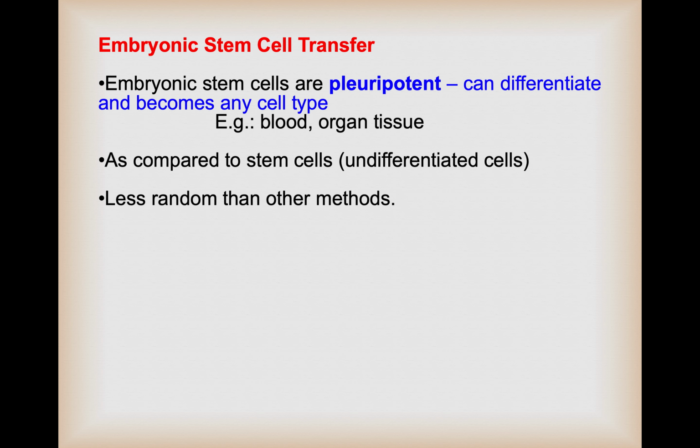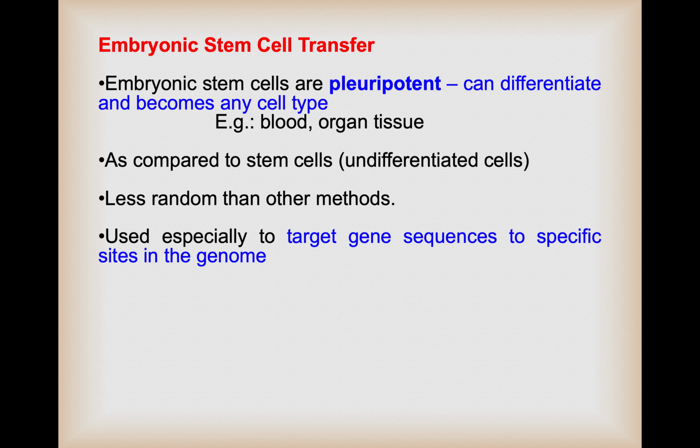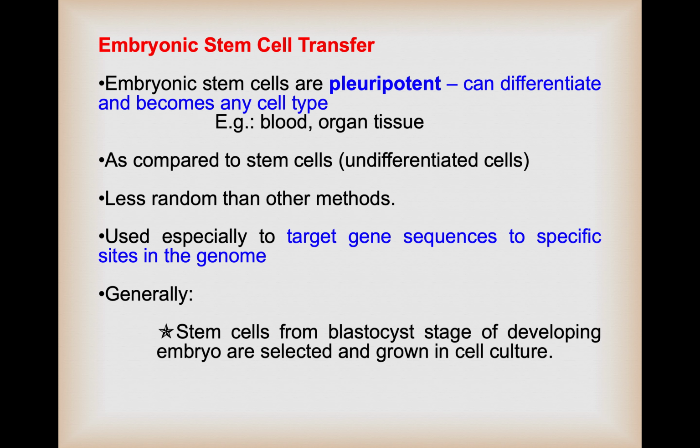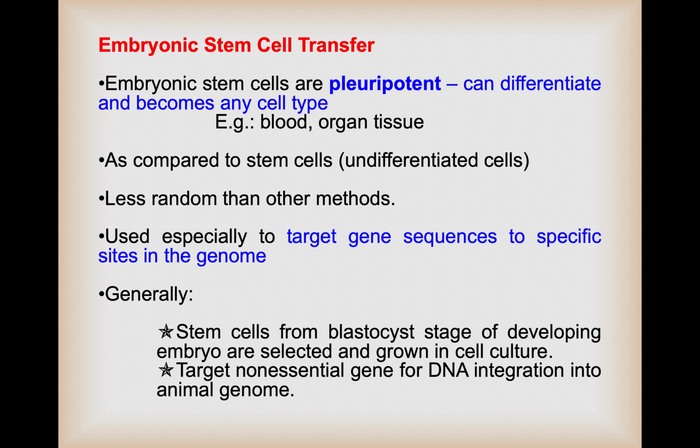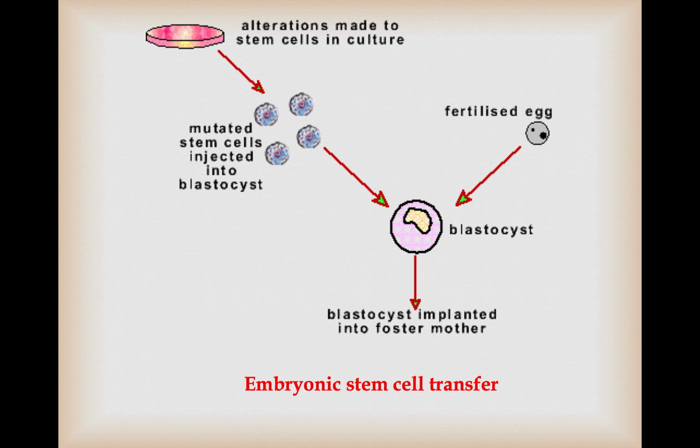So this method, embryonic stem cell transfer, is less random than other methods because it is very specific. It is usually used to target gene sequences to specific sites in the genome and used mostly for knockout. Generally, in this method, stem cells from the blastocyst stage of developing embryos are selected and grown in culture. Target a non-essential gene for DNA integration into the animal genome.